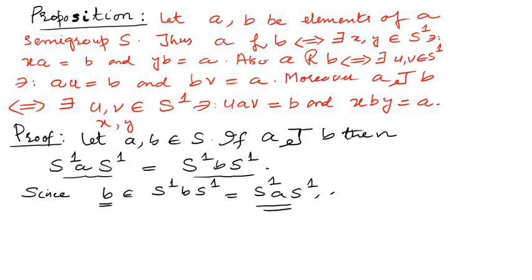So there exist U, V in S1 such that B is equal to UAV. So you have one equation for the J relation, UAV is equal to B.